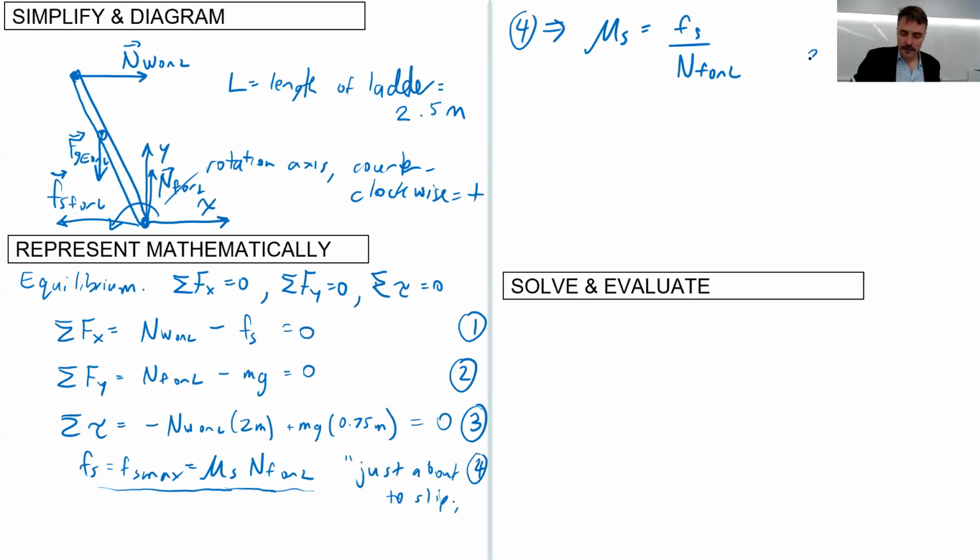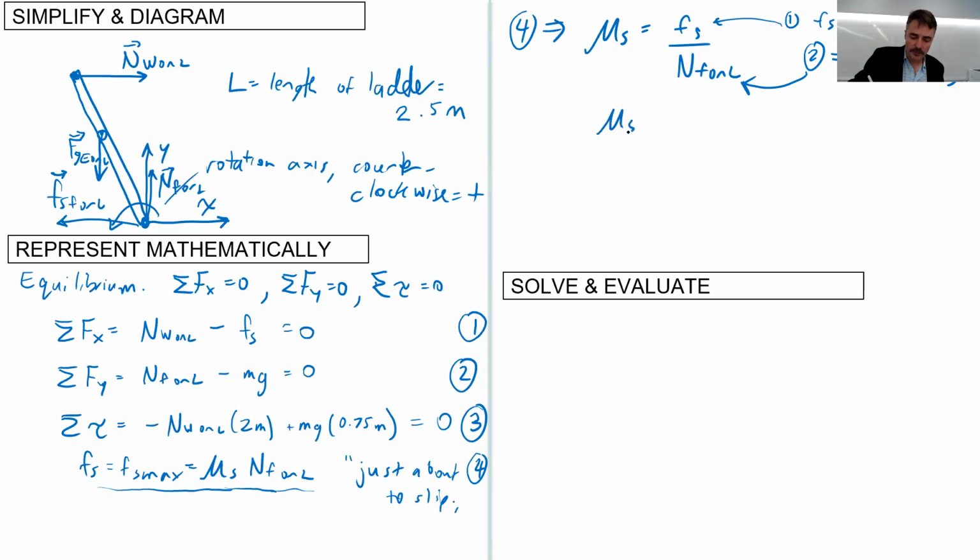And equation 2 is telling us that the normal force of the floor on L is equal to mg. That's just balancing the y forces. So we can plug that into here. Equation 1 is telling us that the static friction force is equal to the normal force of the wall on the ladder. So we can plug that into here.